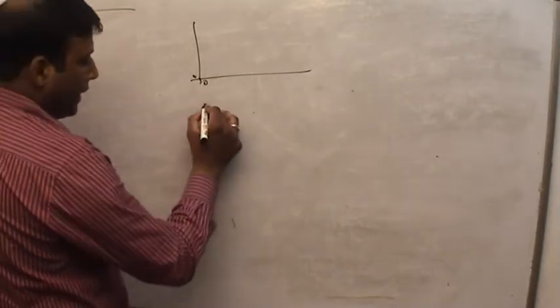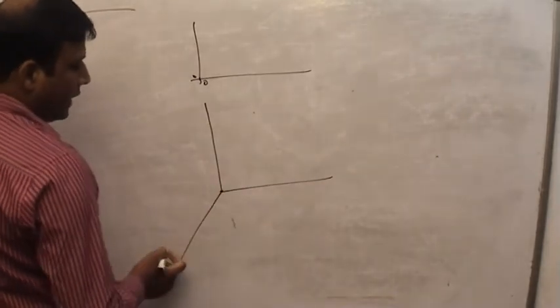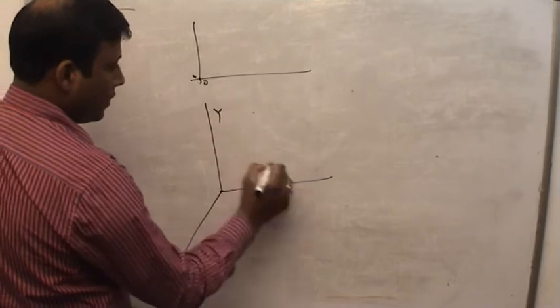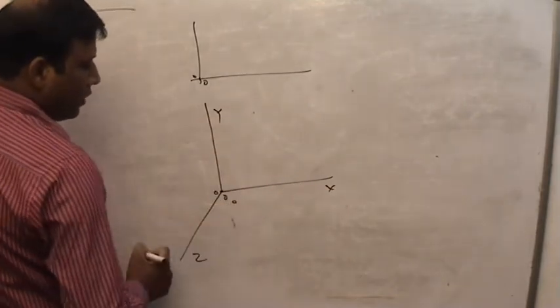In 2D plane or in 3D plane, where x, y and z coordinate intersect is called 0, 0 and 0.